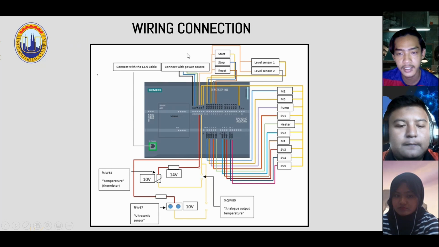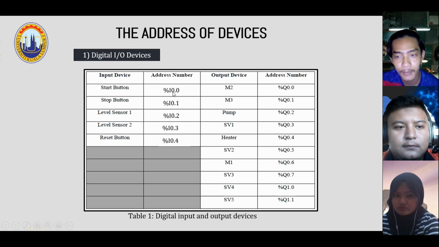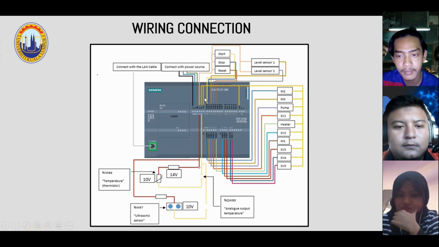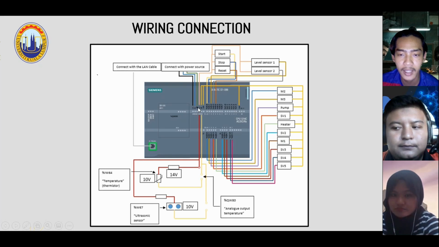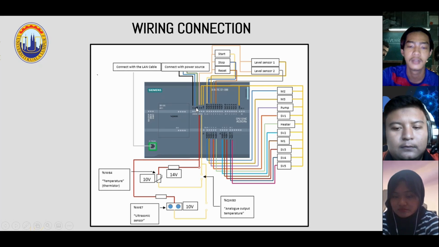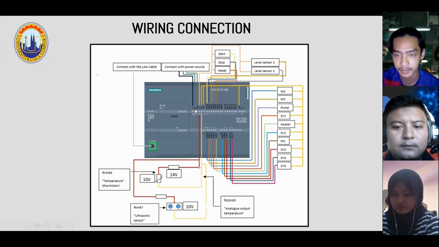Before starting the connection, all the M terminals, which are M, 1M and 2M, need to be connected with themselves. All the L terminals, which are L plus, 1L and 2L, also need to be connected with themselves. Then we can start connecting all the inputs and outputs.